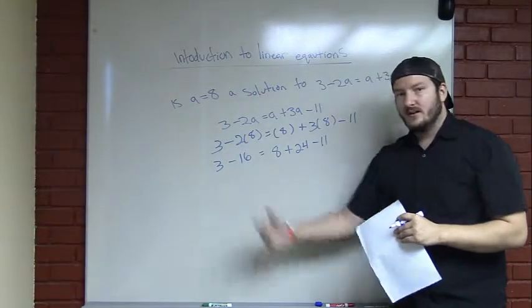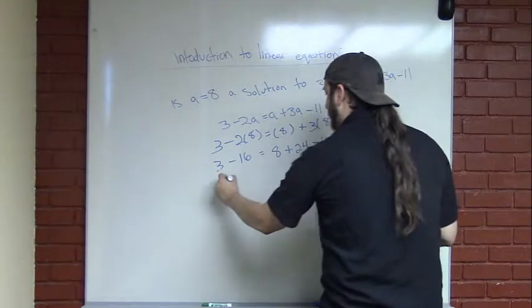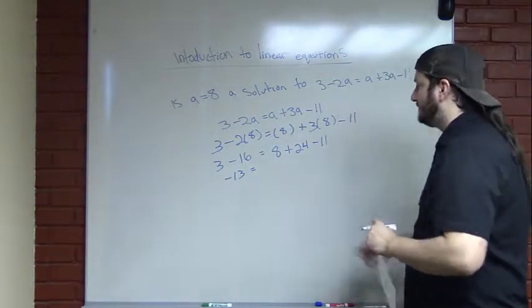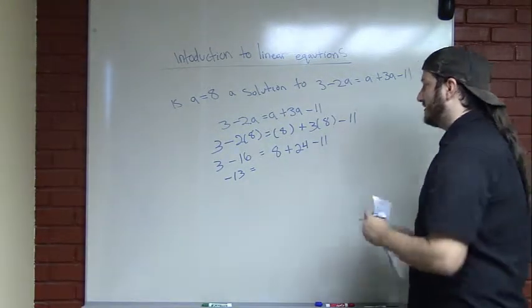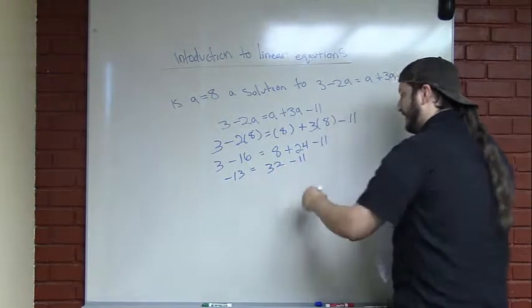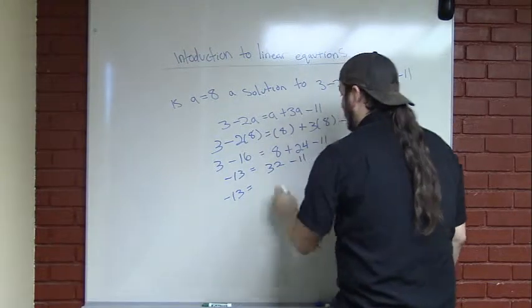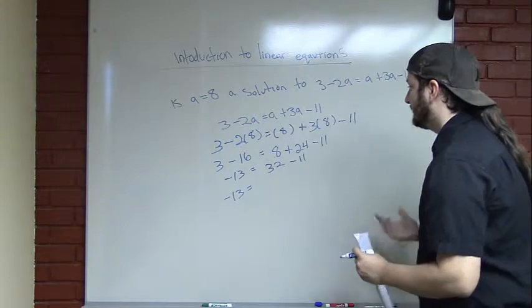Now we can just start combining these. 3 minus 16 is going to be a negative 13 equals, okay, now we got to do this one. 8 plus 24 is going to be 32, and then we got minus 11 here. So we got negative 13 equals 32 minus 11 is going to be 21.